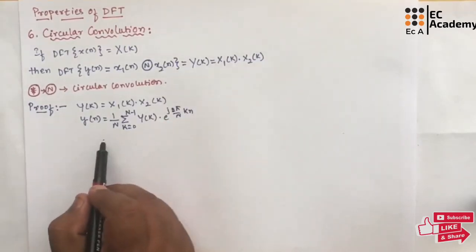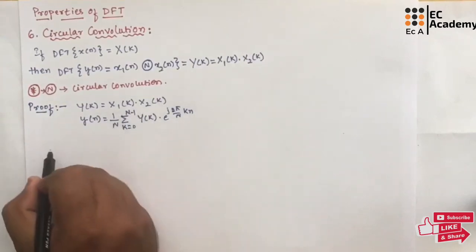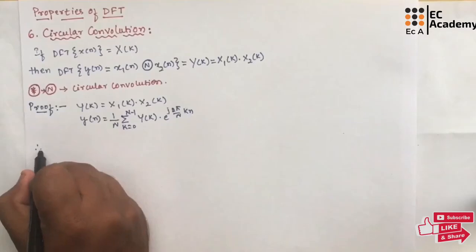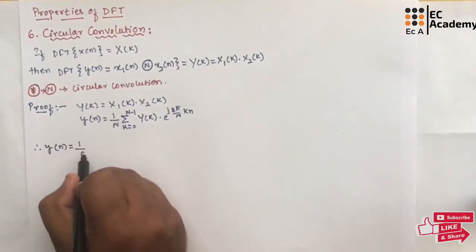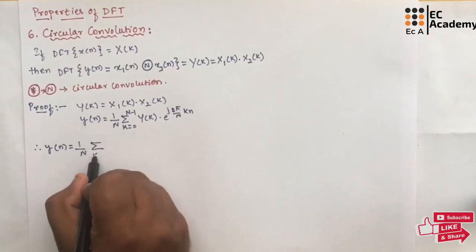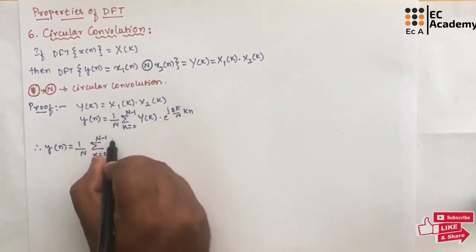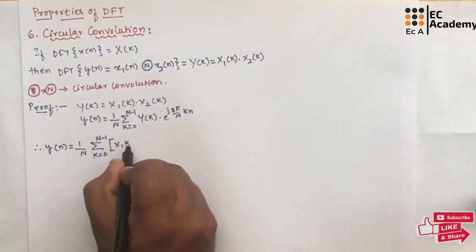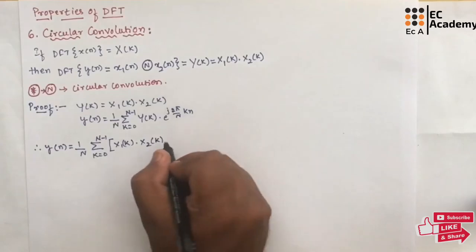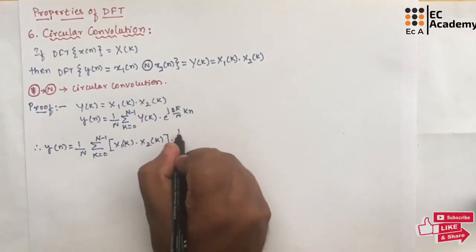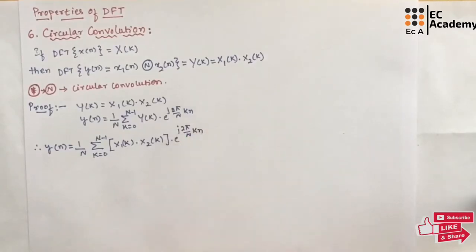So here y of k is equal to x1 of k into x2 of k. Let us substitute in this equation. So we can write y of n will be equal to 1 by n summation of k is equal to 0 to n minus 1 Y of k is x1 of k into x2 of k into e to the power of j 2 pi by n into k n.